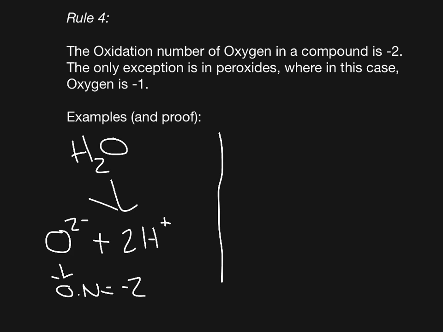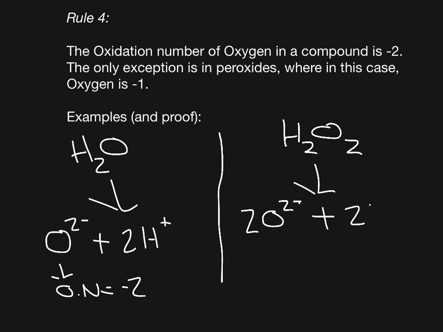Now if I have a peroxide example, H2O2, and I use the exact same process of separation. If I have 2 lots of O2 negative plus 2 lots of hydrogen positive, there's something about this line that doesn't make sense.